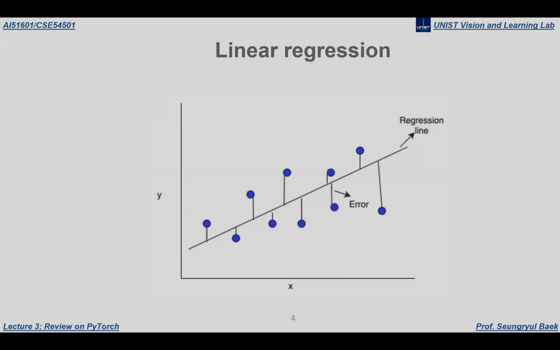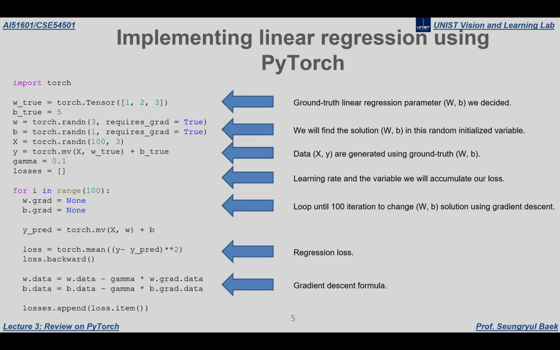We will start from linear regression, the simplest form of machine learning algorithm, which implements the simplest linear function that maps data x to y.